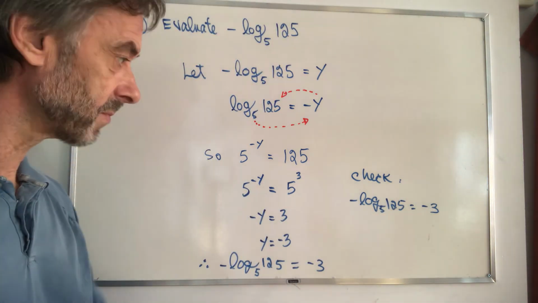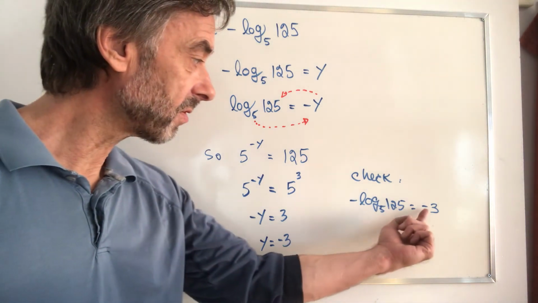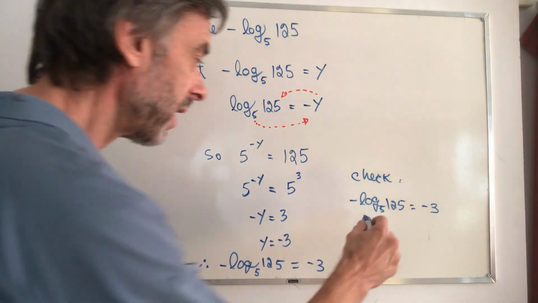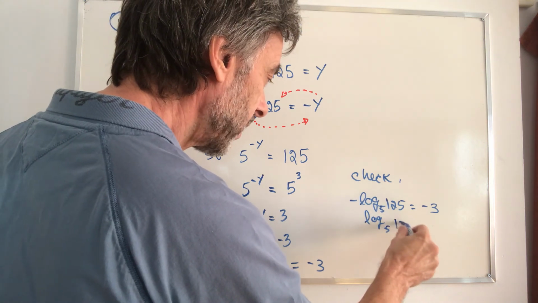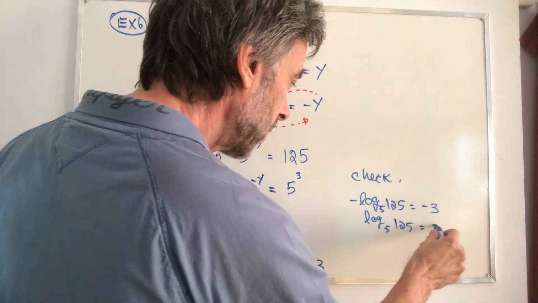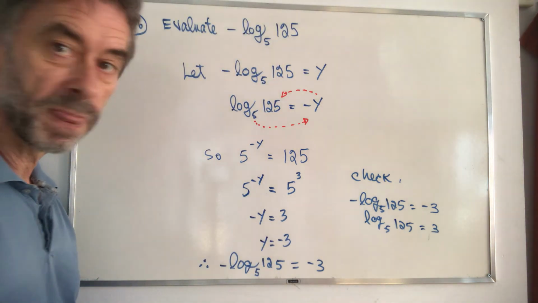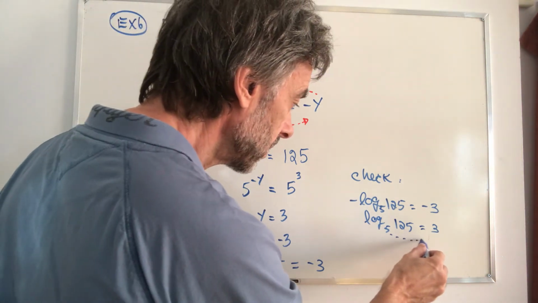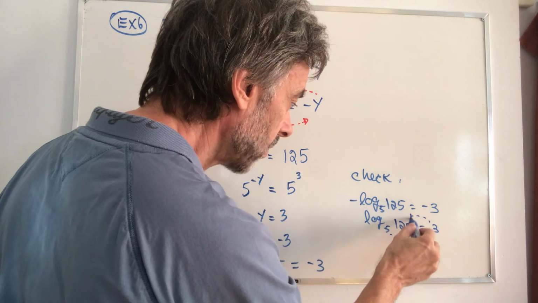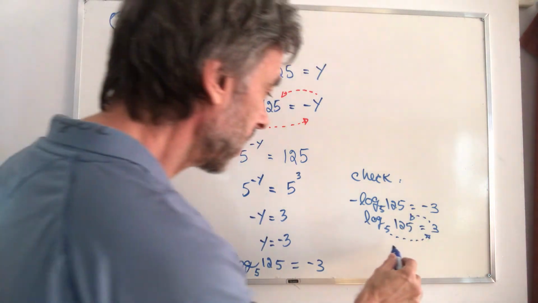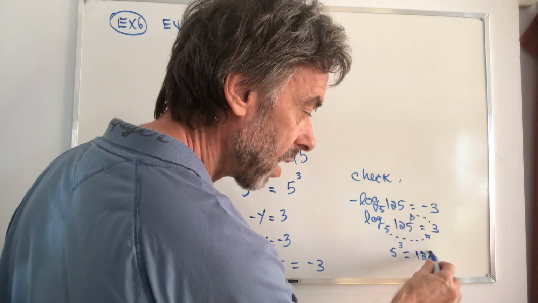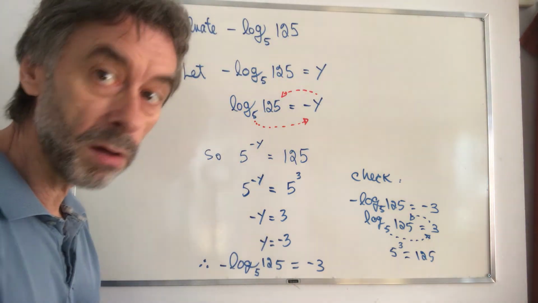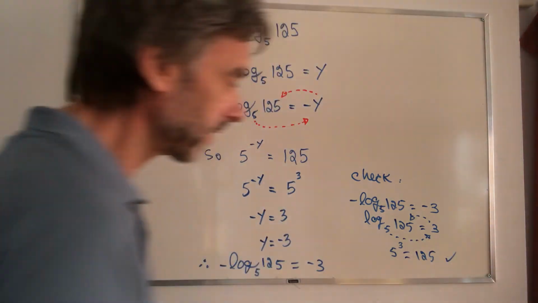Let us check this. Minus on the left, minus on the right. Cancel the minuses. So that's the same as log base 5 of 125 equals positive 3. Rewrite this in exponential form and make it equal to the inside of the log. So 5 to the 3 is 125. Right or wrong? Correct. Check.